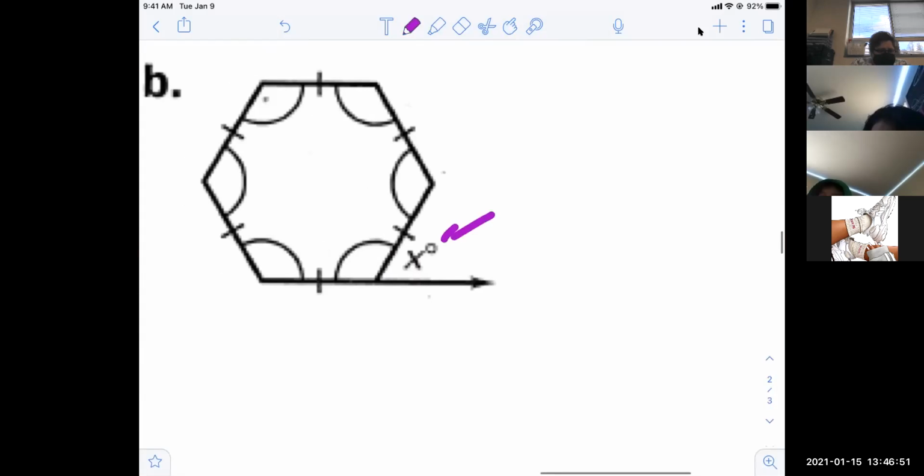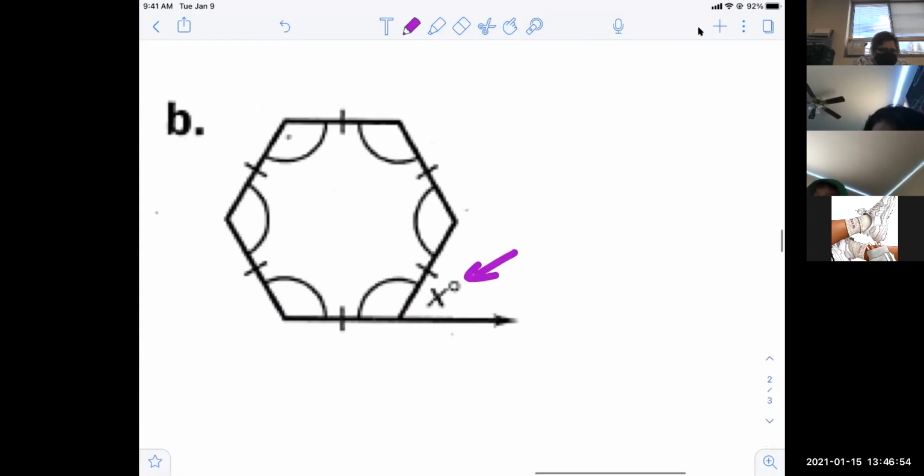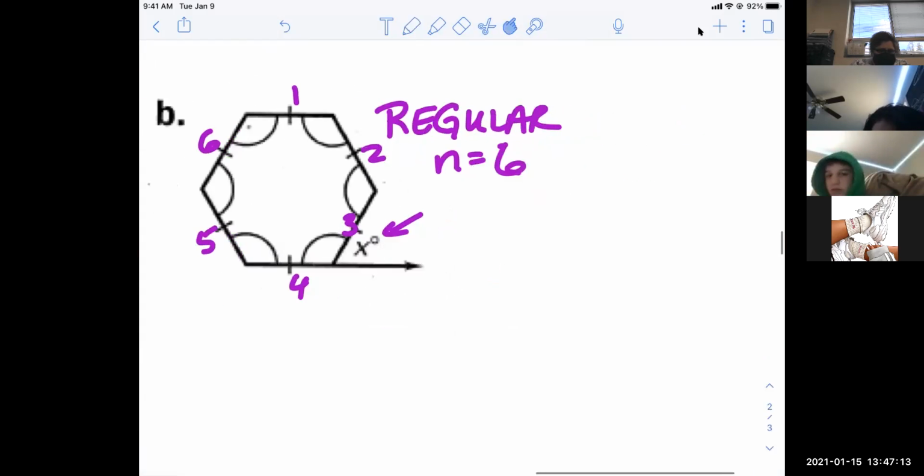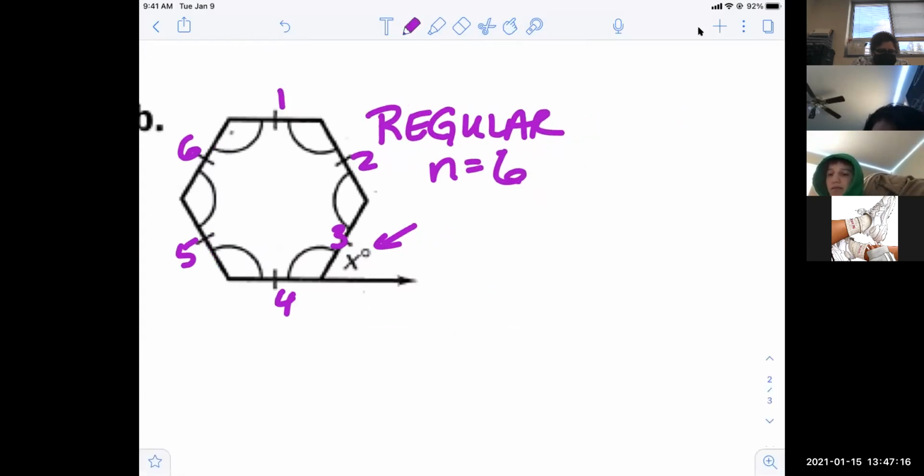So how can you find the value of x? Okay, this one's regular. How many sides are there on this? Wait, how many? Yeah, no, not 5. 1, 2, and I know this seems silly, but it's really easy to miscount the sides. You might miscount, so count them: 1, 2, 3, 4, 5, 6. Okay, so this is an exterior angle. How do you find its measure? You don't, because we already know that all the exteriors are the same since all the interiors are the same.